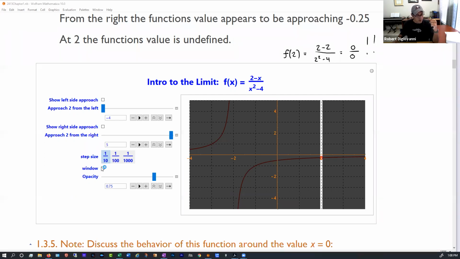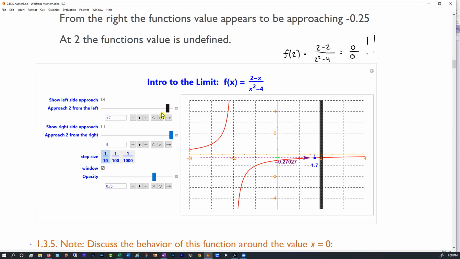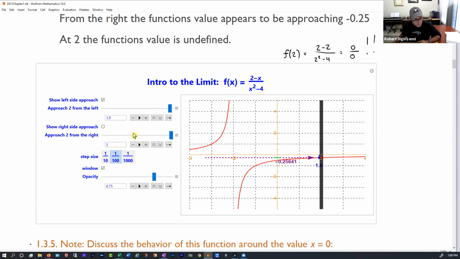However, if we were to close off 2 and look at what's happening on the sides, can you all see that as I approach 2 from the left, it looks like the y value is approaching something? Now it's kind of hard to say what it is. Maybe it's like negative 0.25.